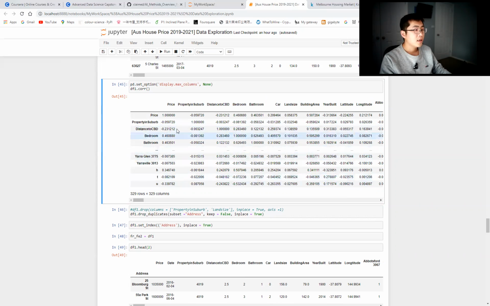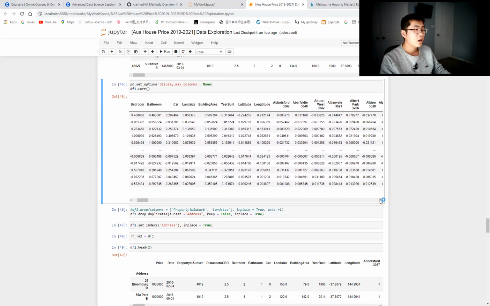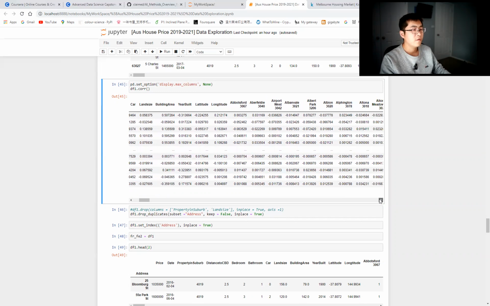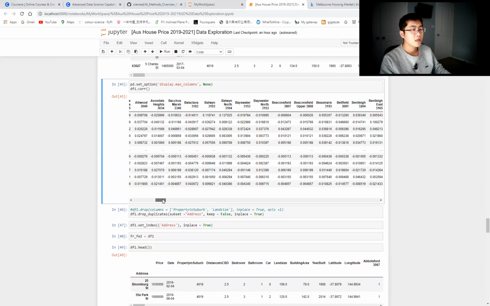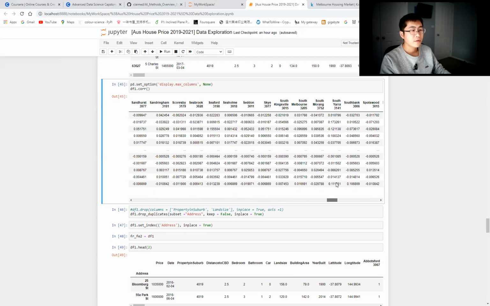It's price, the column names are property in the suburb, which is numerical, might be useful, distance to city, bedroom, bathroom, car, land size, building area, year it's been built, latitude, longitude, we'll see whether it will be helpful or not, and 315 postcodes. You see some of them actually influence the price a lot more than others. So we will see if it's useful or not.